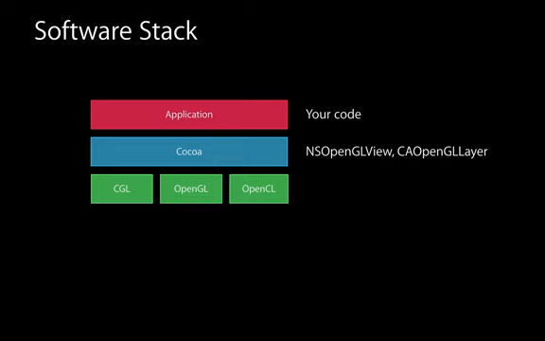Then the two other programming APIs that you're probably familiar with, OpenCL and OpenGL, are the APIs that you'll end up writing a lot of the code with, which dispatches work to the GPU, and also the kernels and shaders that are executed on the GPU itself.